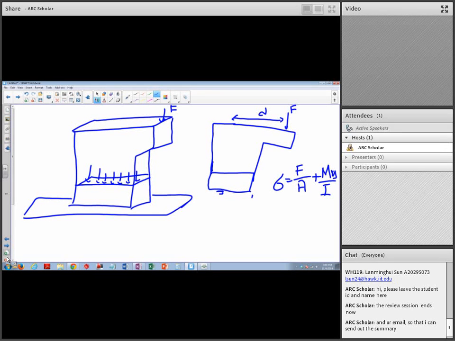And I is just the I for the square. And Y is just the distance from here to here. So the main thing is that you have to know that when this force is applied here, what will happen to here and what will happen to here. Okay, I'll change to next.